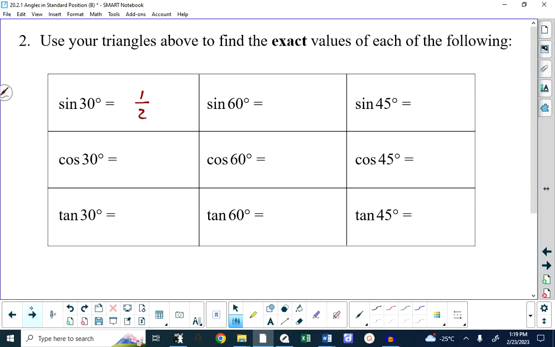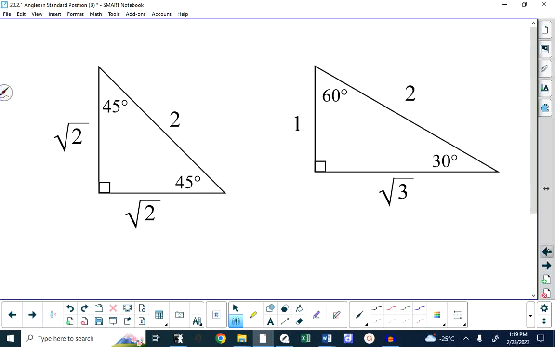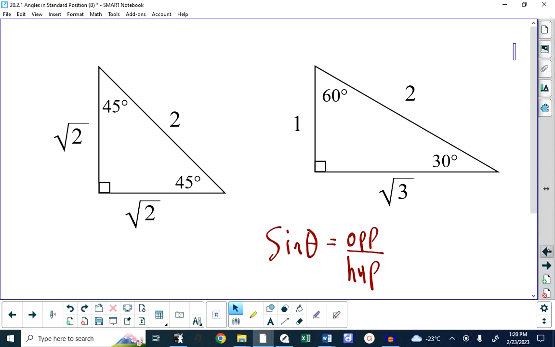So now we're going back to what I told you at the beginning, which is that those trigonometric ratios are not given to you, but you do need to know that the sine of an angle is the opposite side over the hypotenuse. And I understand, based on what you just told me, that your triangle is oriented differently, right? So that's fine.